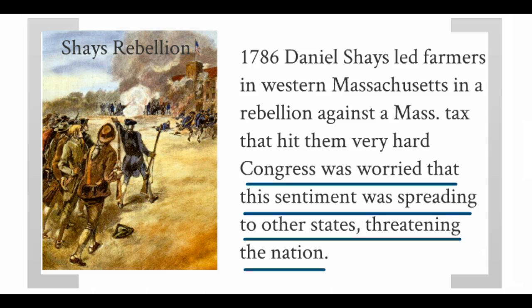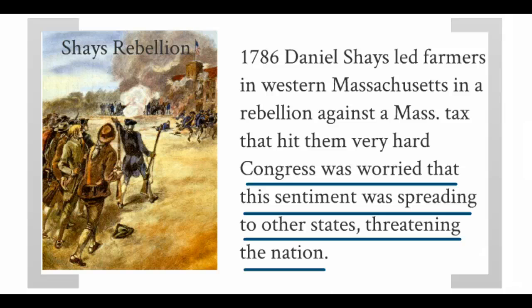But given that we were largely a nation of rural farmers, much more self-sufficient than we are today, it was going to take more than just the flaws that were seen to get folks to realize that the government needed to be changed.